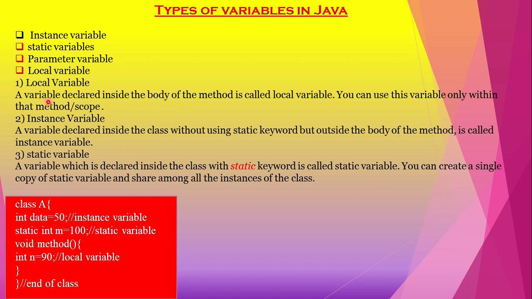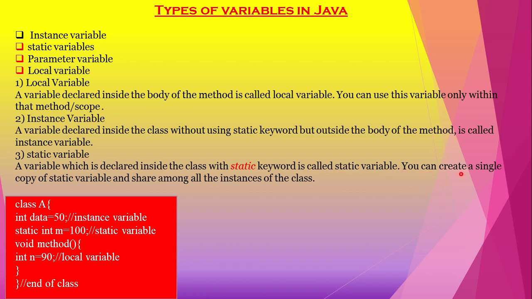A variable declared inside the body of a method is called a local variable. You can use this variable only within the method or scope. A variable declared inside the class without using the static keyword but outside the body of a method is called an instance variable. A variable declared inside the class with the static keyword is called a static variable.